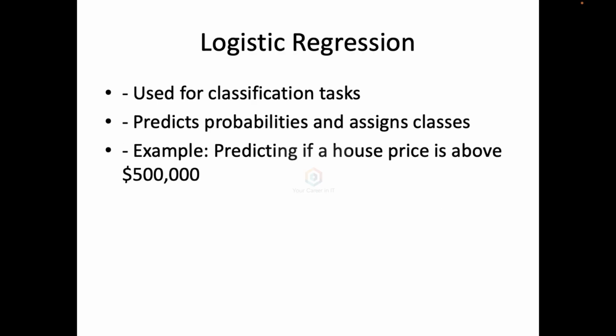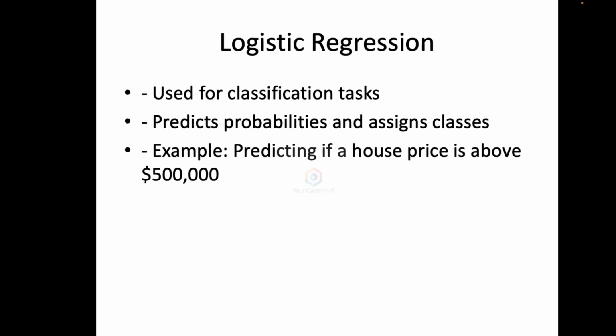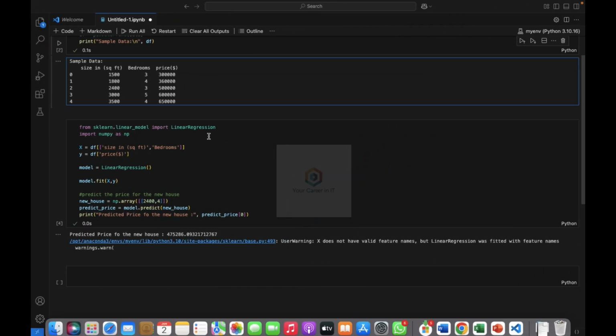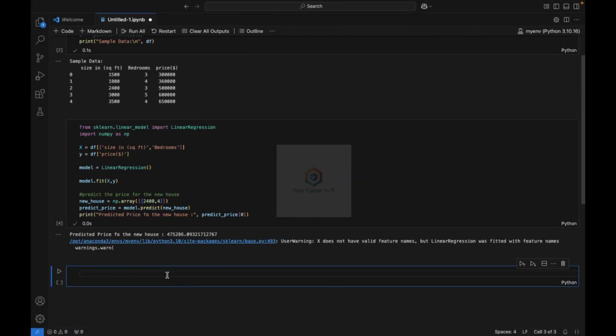Now let's look at logistic regression, which is used for classification, for example predicting if a house price is above or below $500,000. So let's move to the IDE. For this we need to import the library: from sklearn dot linear model import LogisticRegression.